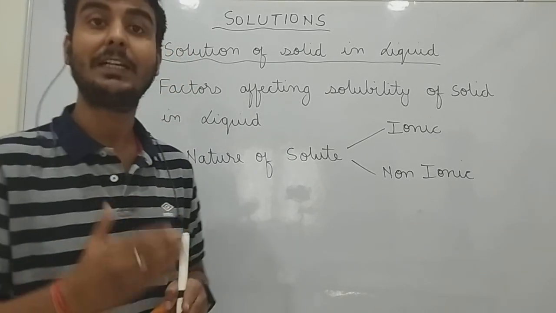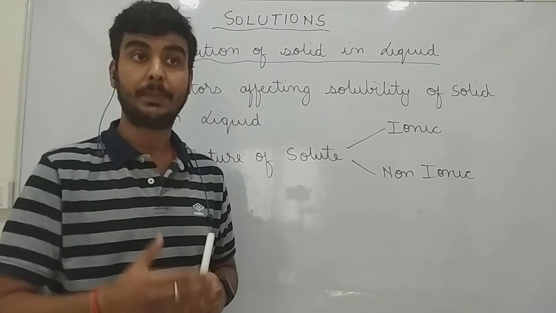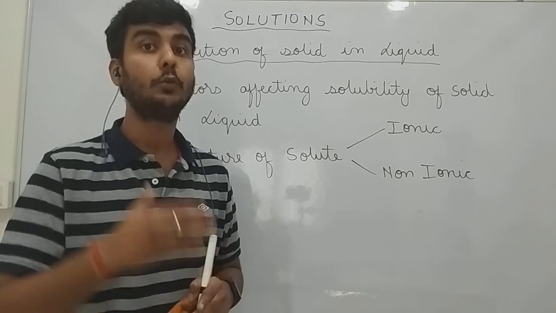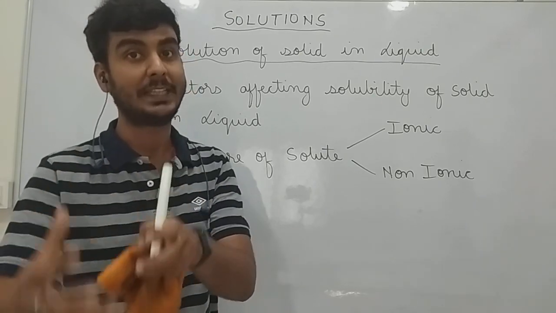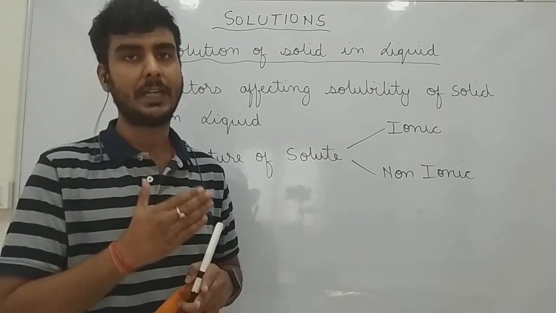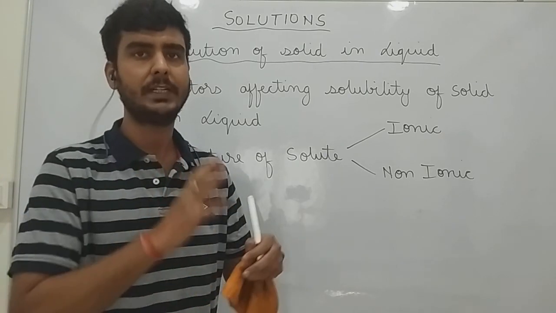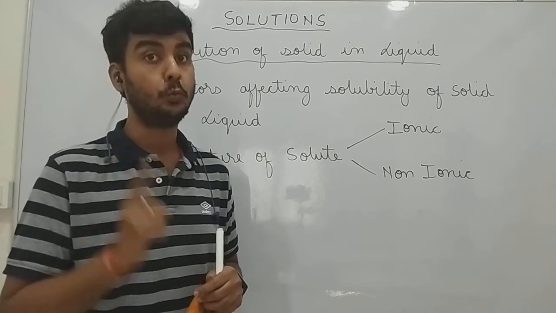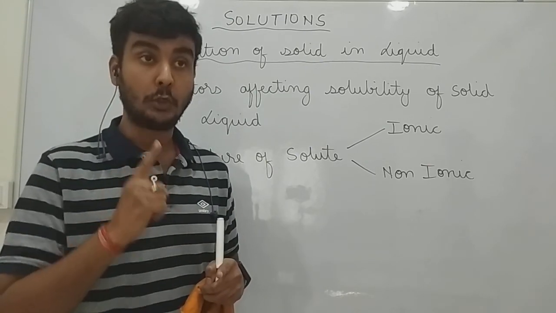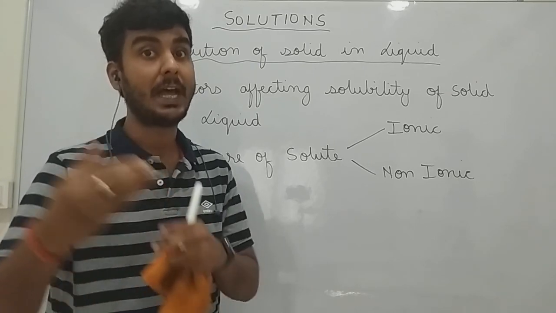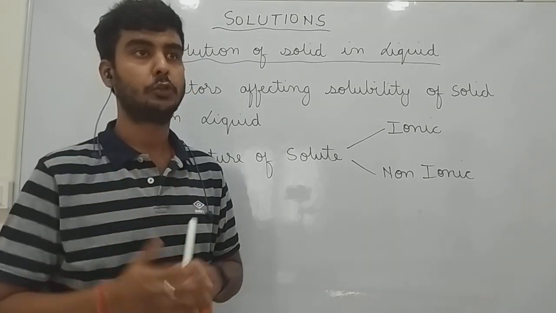If that lattice enthalpy happens to be higher, then it is not going to be easy to dissolve that ionic solid in the liquid, and if the lattice enthalpy is low, then you can easily dissolve. Generally the lattice enthalpy is on the higher side for ionic solids.